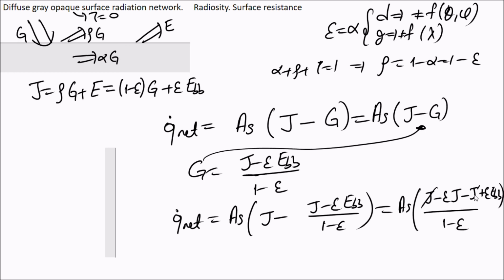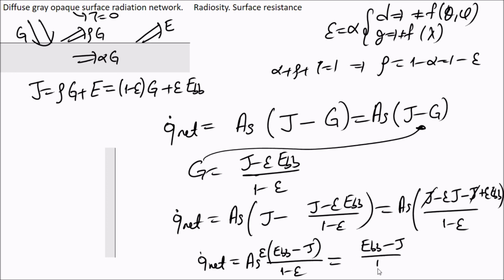These two quantities cancel out, and the Q dot net becomes the surface area multiplied with epsilon and the E black body minus J divided by 1 minus epsilon. Okay, so I can write this similarly as a thermal resistance. It will be E black body minus J divided by the resistance.